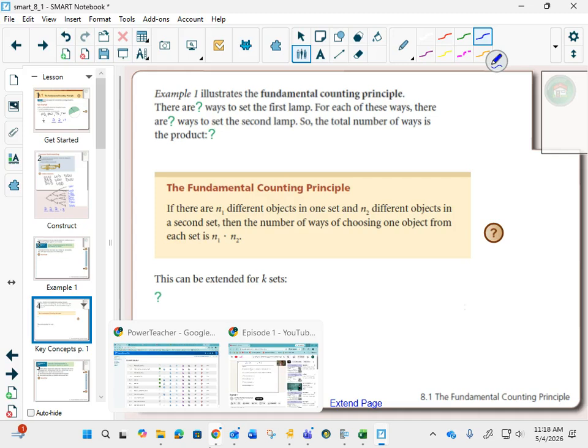I'm going to describe this as: you draw a space for each decision that you need to make. We're going to do questions where you're at a restaurant, you have a choice of drink, you have a choice of what your meal is, and you have a choice of dessert. If they have 5 drinks, your number of choices for drinks will be 5.